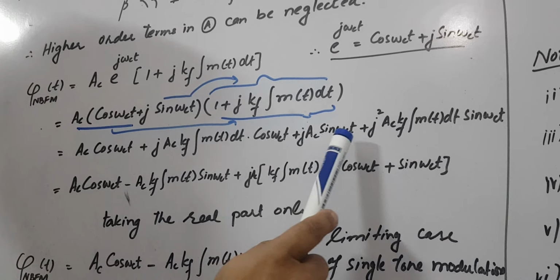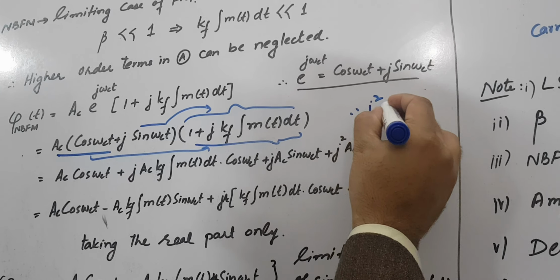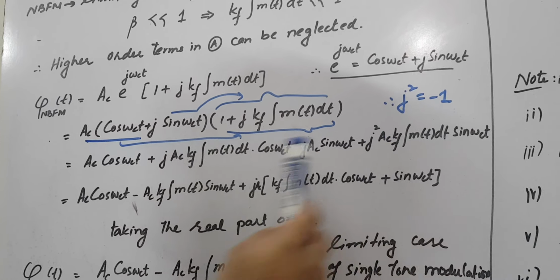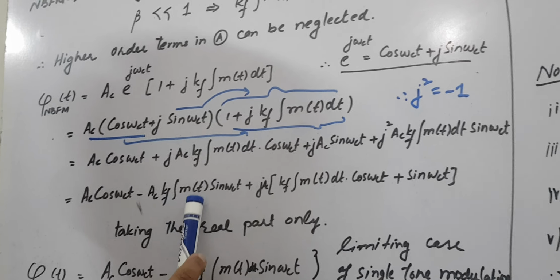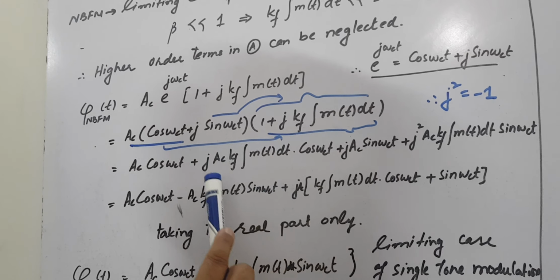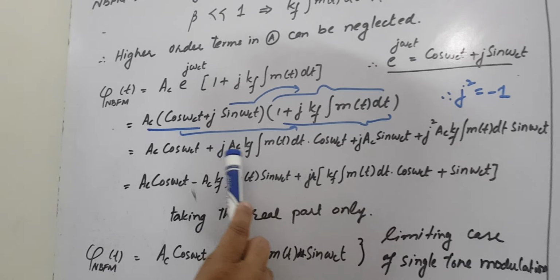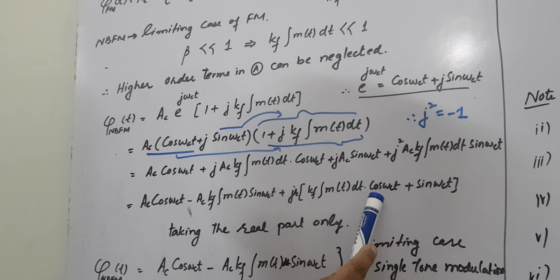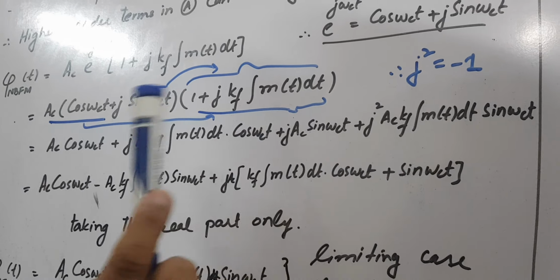We know that j squared is equal to minus 1, so you can write this term here: A_C cos ω_C t minus A_C k_f integral of message sin ω_C t, and then this j and this j you can take common: j A_C k_f integral of the message signal multiplied by (cos ω_C t plus sin ω_C t).